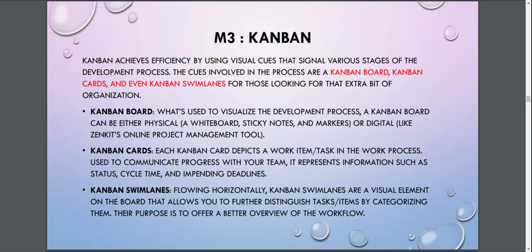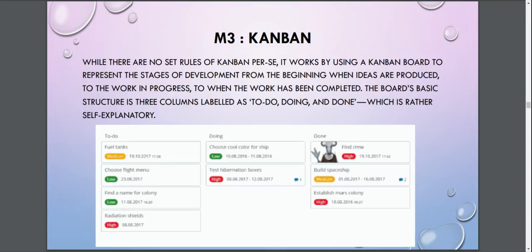So kalau you tengok sini, the element of the Kanban ni, dia ada Kanban board, dia ada Kanban cards and Kanban swim lanes. Okay, so kat sini macam you tengok ni, dia adalah to do, doing and done. So Kanban helps improve inefficiencies and has been used to schedule lean manufacturing in Agile project.